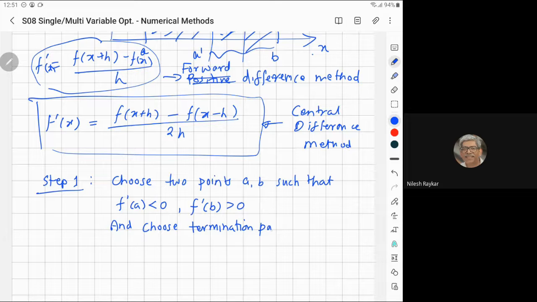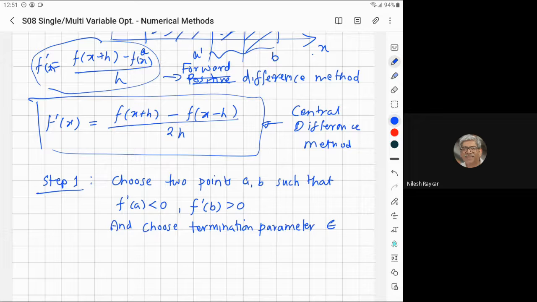And choose termination parameters. In all numerical methods, you require some means to determine where to terminate. I'm calling it epsilon. In the previous region elimination method, it could be the width of the region. So we can go ahead with epsilon as the width of the narrow region that we are getting.